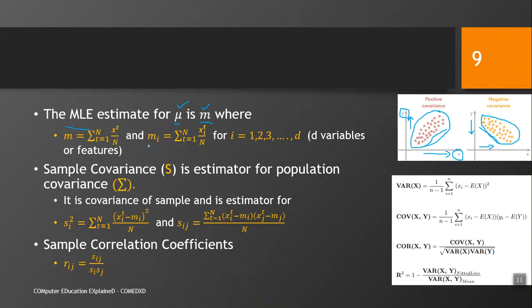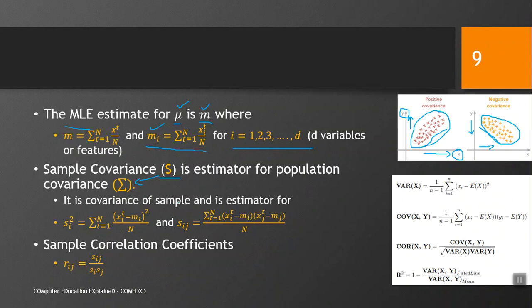And if we are working with multiple samples and there are multiple features, in that case there would be multiple sample means, which are given with the help of this formula for all d features. Sample covariance is an estimator for the population covariance. In a similar way to how we use the sample variance to estimate the population variance, here we use the sample covariance to estimate the population covariance.